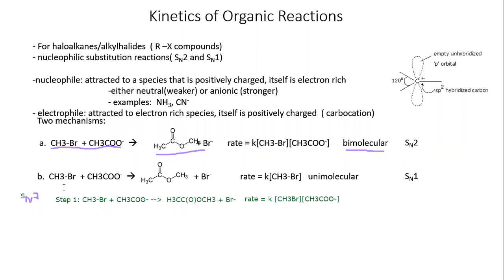Now, if we were to say, let's do this based on SN1, and again, we're going to learn in a little bit why it can only be one or the other, and we'll look at the characteristics of each, but let's just say it's SN1. So SN1, the rate determining step is unimolecular. So again, SN2, only one step in the mechanism. The rate law is bimolecular. Now for SN1, it's actually going to occur in two steps.